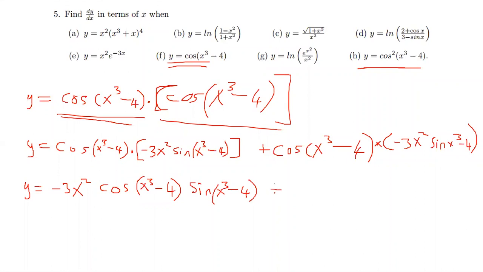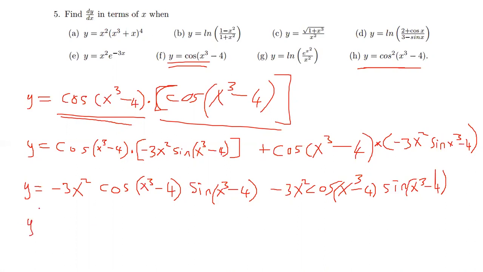Same applies to the other term, so instead of having a plus there, we have a negative 3 there, giving negative 3x squared cos(x cubed minus 4) sine(x cubed minus 4).